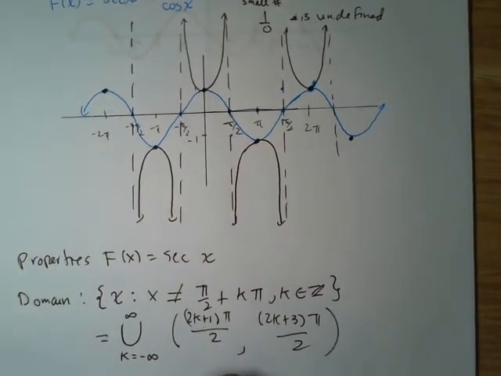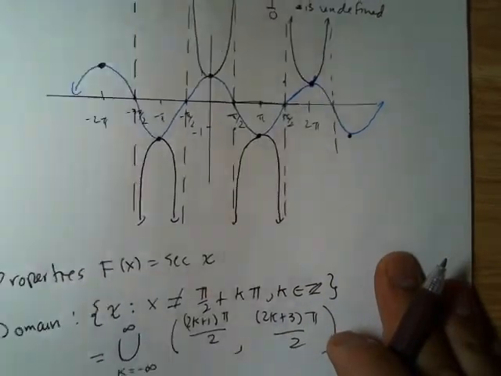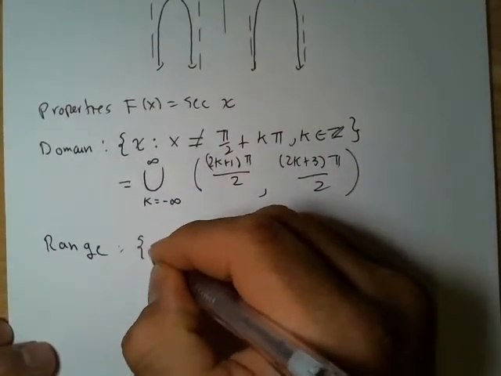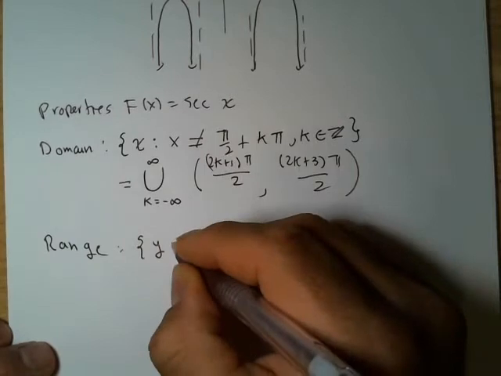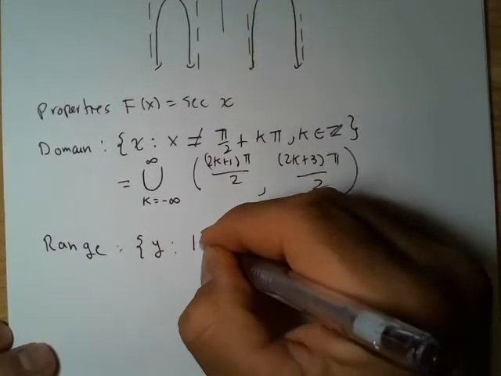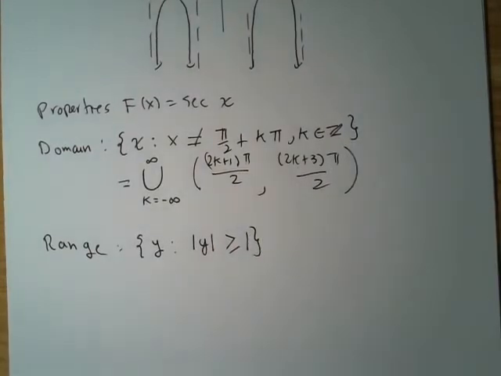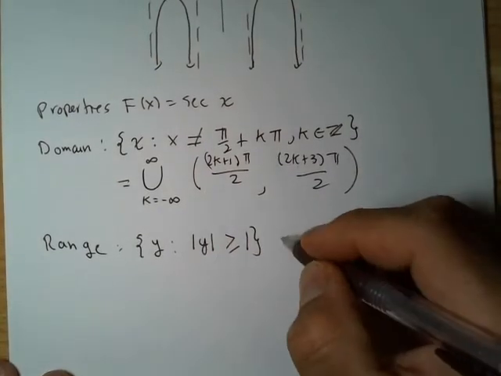Right? So we can represent this using, again, our set builder notation. That would look like this. So the range are values of y, such that the absolute value of y is greater than or equal to 1. Okay, so that'll include the negative values as well that are bigger than 1, with that absolute value. Now, so this is set builder notation.